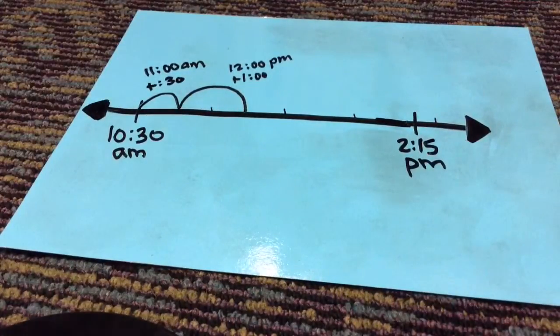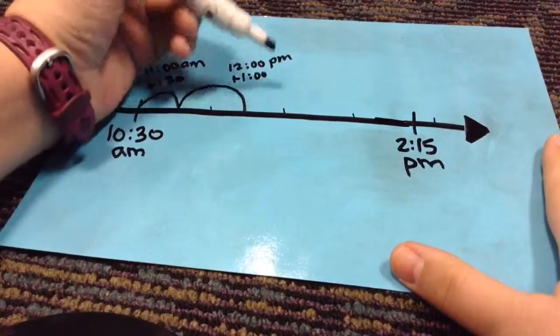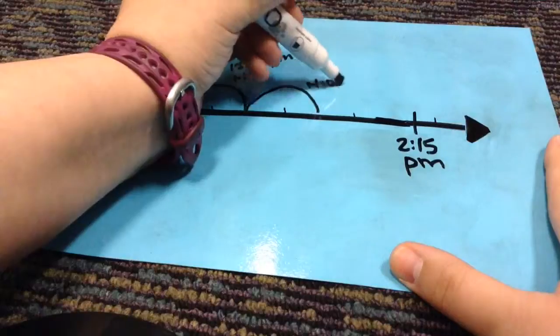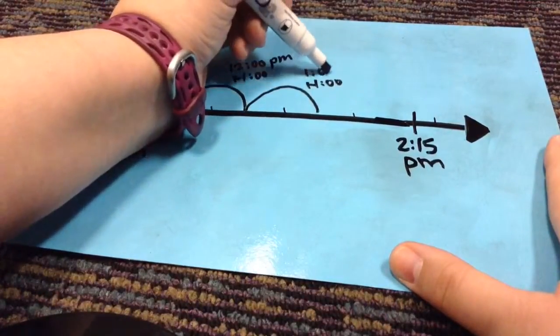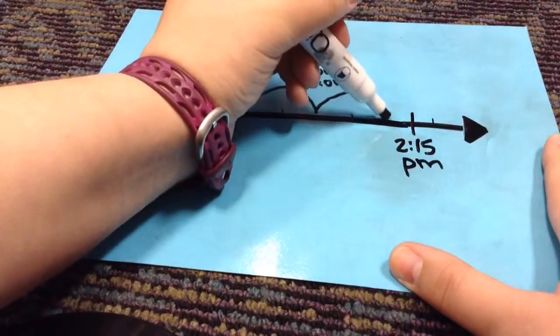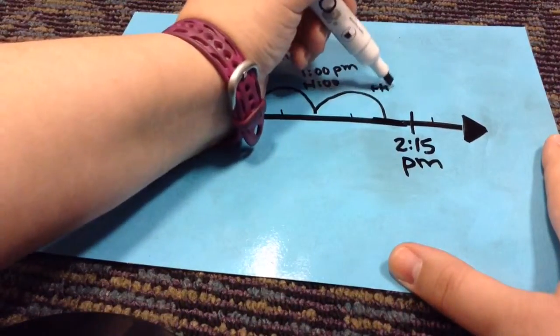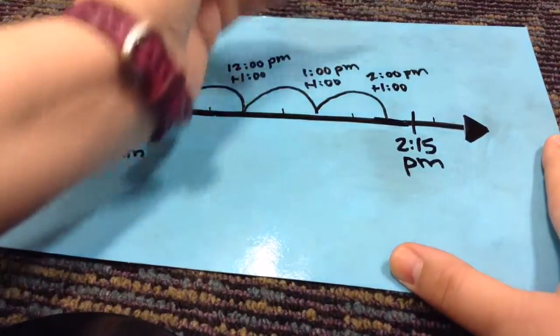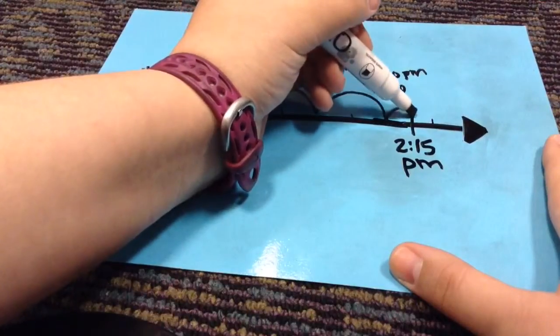So as we're transitioning into PM on the next jump, it's important to remember that after 12 p.m. comes 1 p.m. So because of the base 60 system, we don't go to 13, we go to 1 p.m. So we'll take another hour jump, and we'll get to 1 p.m. And then we'll take another hour jump, which will take us to 2 p.m. And finally, we just have a small 15-minute jump.